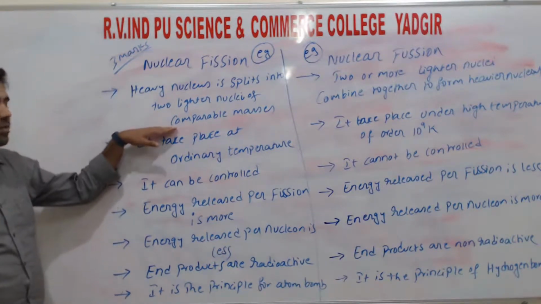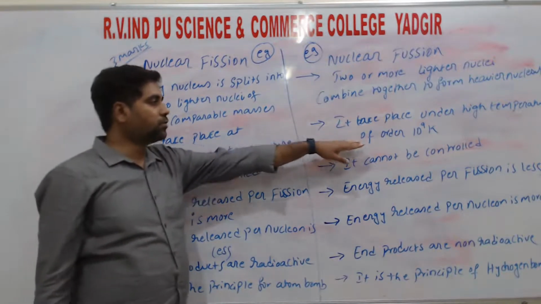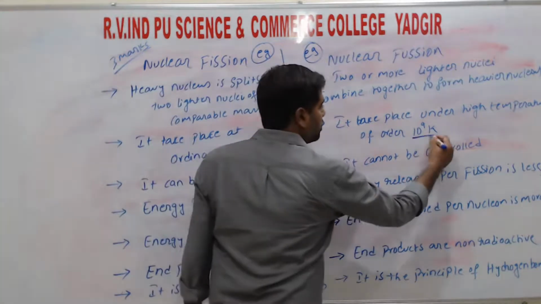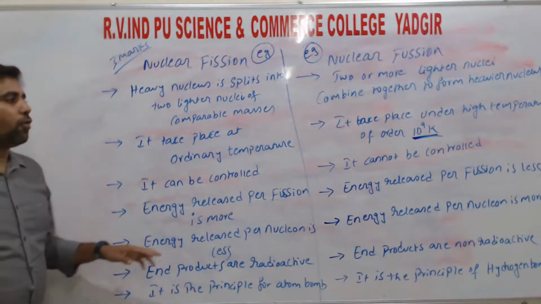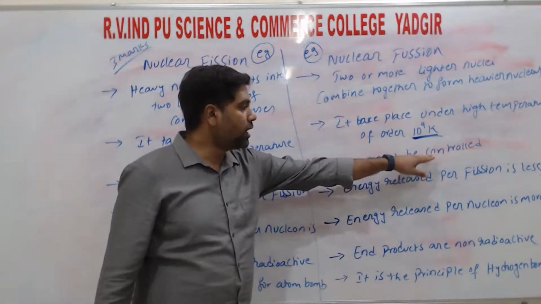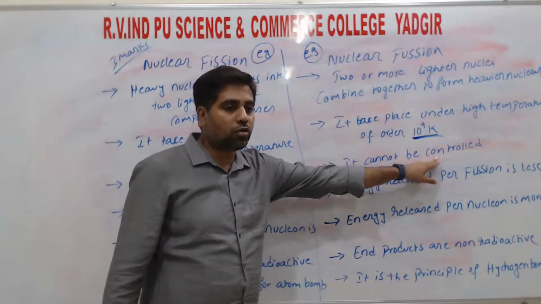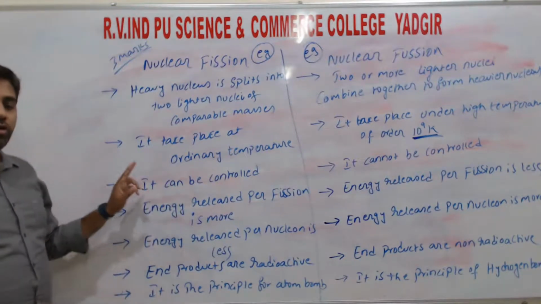So this one is the definition. It takes place under ordinary temperature. So it takes place at the higher temperature of order 10 to the power of 9 Kelvin, right? So for that reason only the fusion process cannot be controlled. That means it is an uncontrolled nuclear reaction. So fission process is a controlled nuclear reaction.